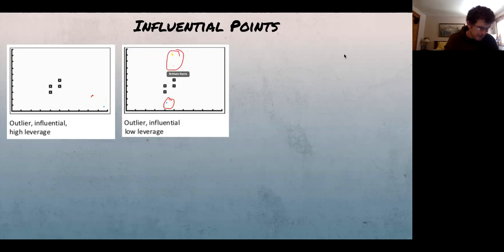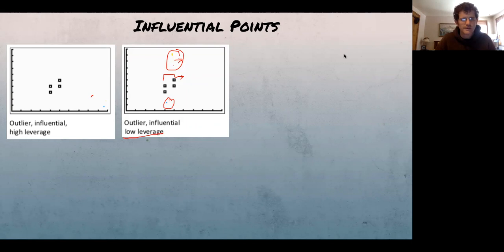And when it says low leverage, this is only a distinction we'll talk about here. I can't imagine this would ever matter on the AP test. There's low leverage and then there's no leverage. No leverage, of course, would mean it's in the middle of your X values. Low leverage might mean it's just slightly beyond. So maybe these points could move a little bit over and have low leverage, but I'm not really trying to dwell on that point.